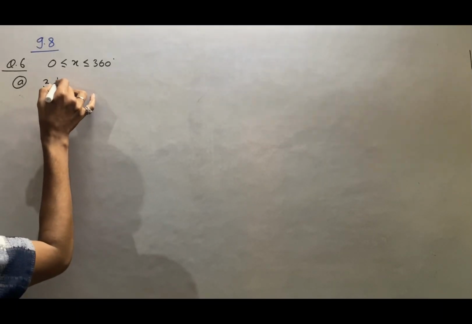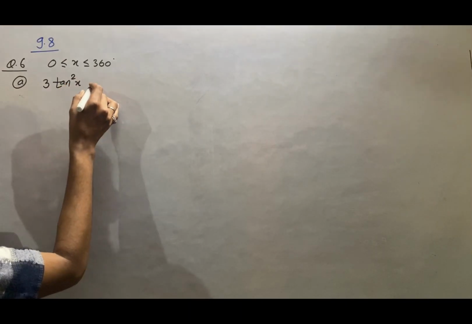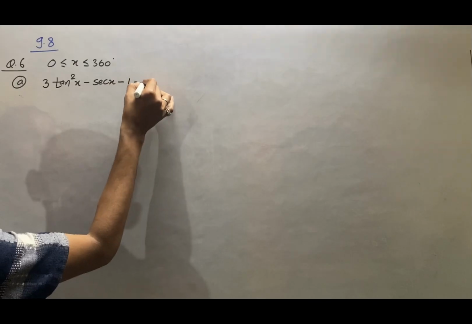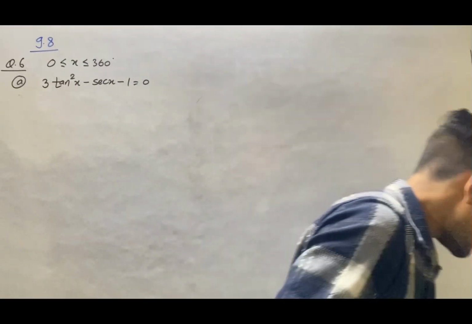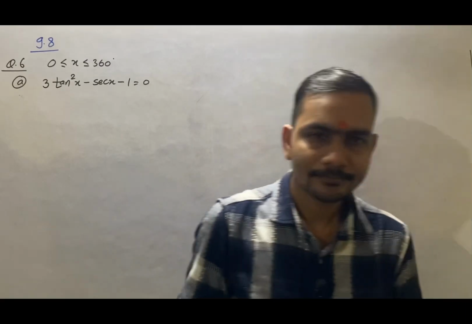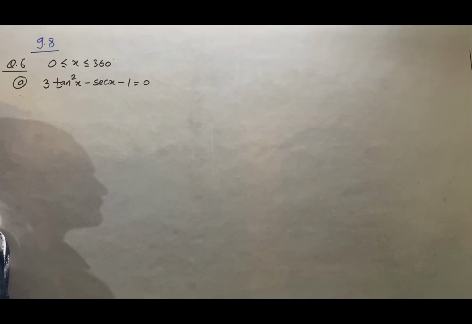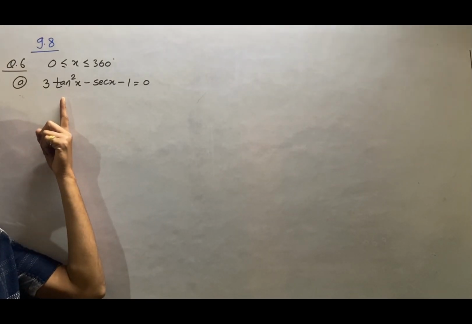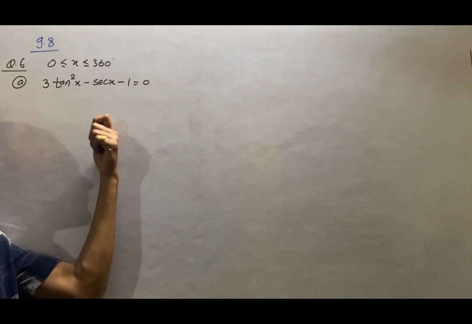So here we have 3 tan squared of x minus sec of x minus 1 equals 0. What do we do here? Note this sec. Can we write this tan squared of x in terms of sec squared of x?